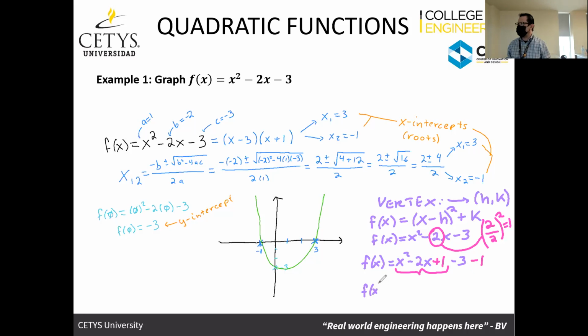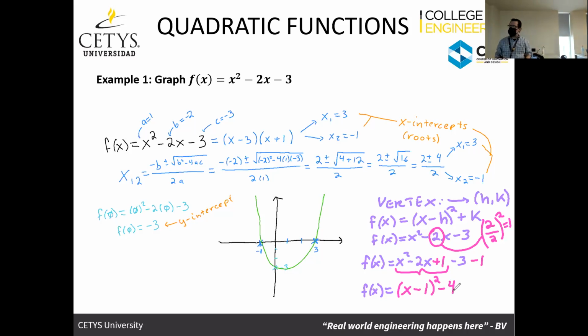And so that means that this x squared minus 2x plus 1 is the same as having x minus 1 elevated to the square. And minus 3 minus 1, what does this give me? Minus 4.